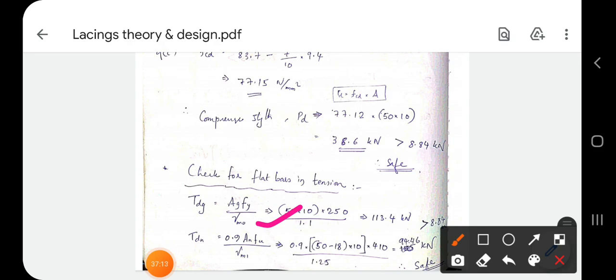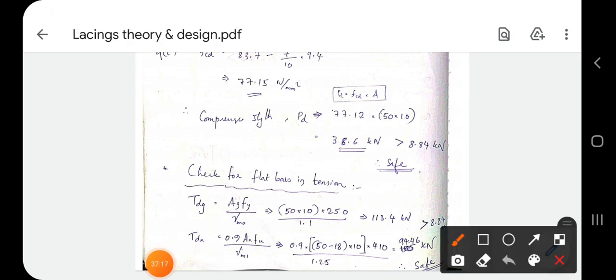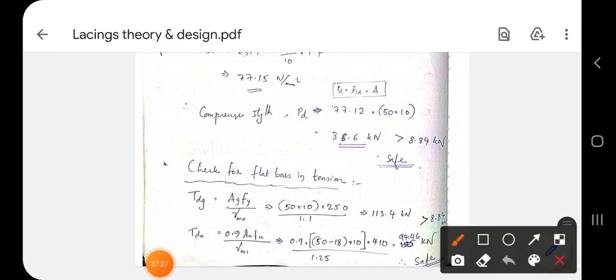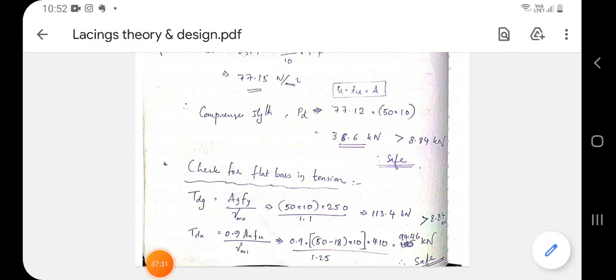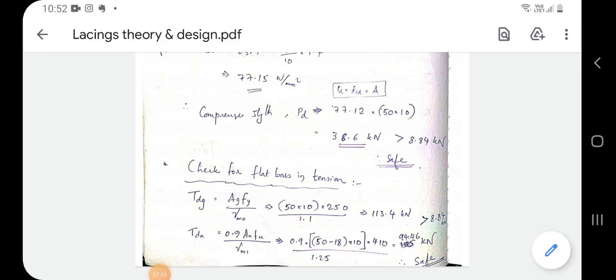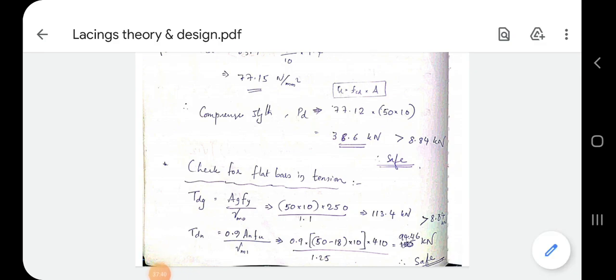For yielding, Ag fy by gamma m0. For Ag, we have taken the width of the lacing bar as 50 mm, and thickness we have also found out as 10 mm. So Ag fy by gamma m0 is 113.4. It is greater than 8.84. So in tension, yielding is okay.